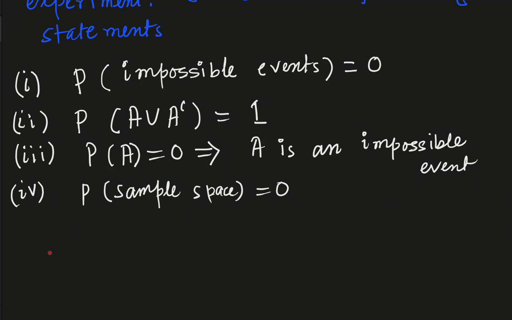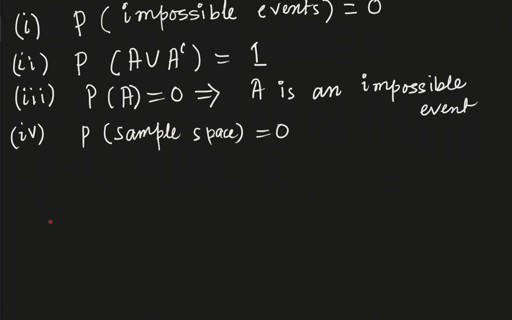Now to solve this problem, let me restate the axiomatic definition of probability, which I will use. If P is the probability of an event A, then this probability is a real number. The first axiom is that P of A should be greater than or equal to 0.